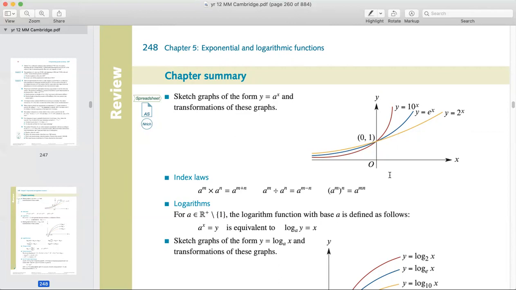The basic idea for this chapter is that you have to be familiar with index laws for exponential functions, and log calculation for logarithms. Next, you need to know how to draw the graphs properly, exponential and log. The distinguishing factor between them is the base: base greater than 1, or base greater than 0 and less than 1.